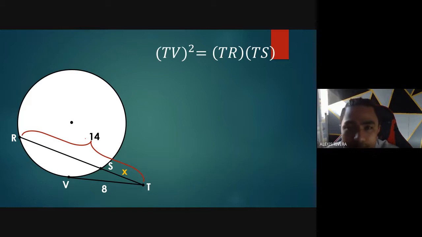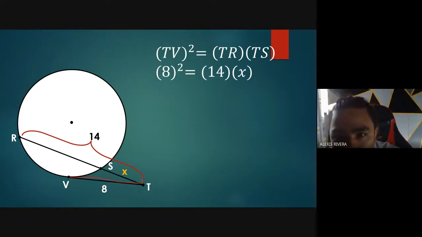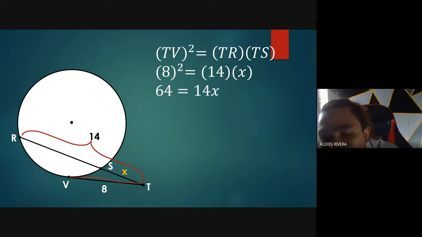So again, TV, yung tangent, will be squared. This is TV, yung tangent, is equal to TR times TS, kabuuan times nasa labas. So we have here 8 squared is equal to 14x. So ang gagawin lang is simplify. 8 squared is 64 equals 14 times x, that is 14x.